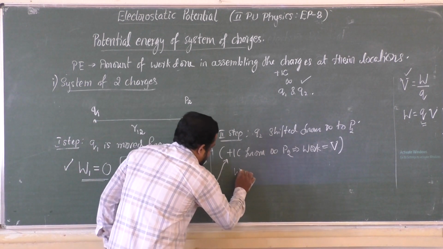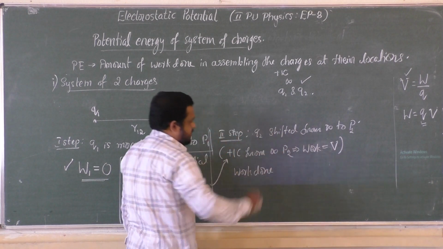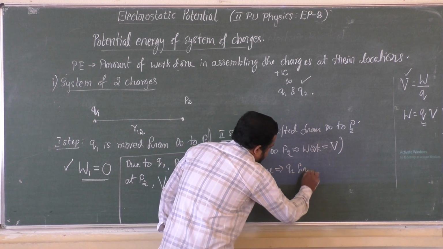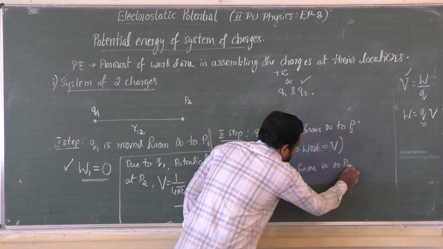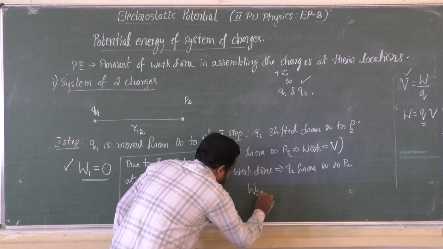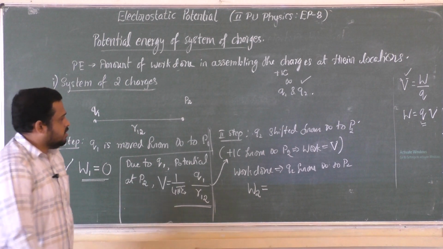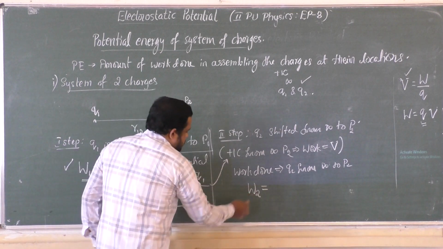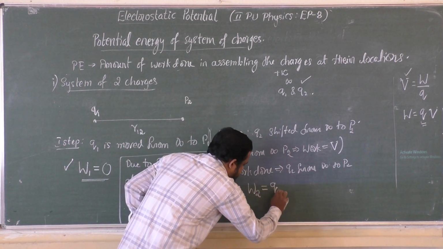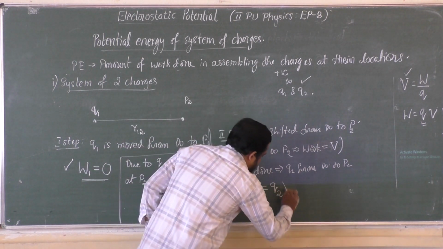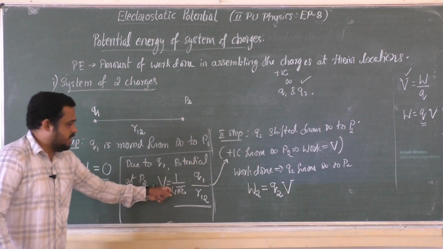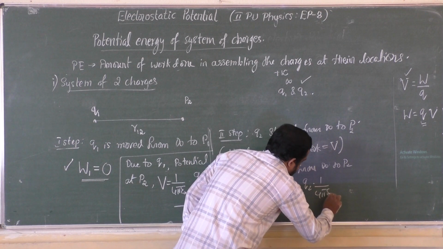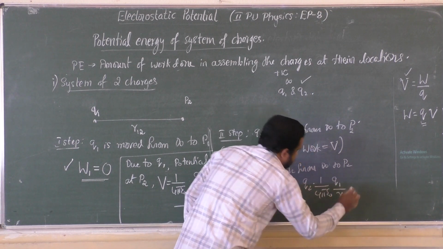Therefore, the work done in shifting Q2 from infinity to point P2 against the electric field, I'll represent it as W2, can be written as W2 is equal to Q into V. Here the charge that is shifted is Q2, into the potential value V. So that is equal to Q2 into 1 by 4 pi epsilon naught Q1 divided by R12.